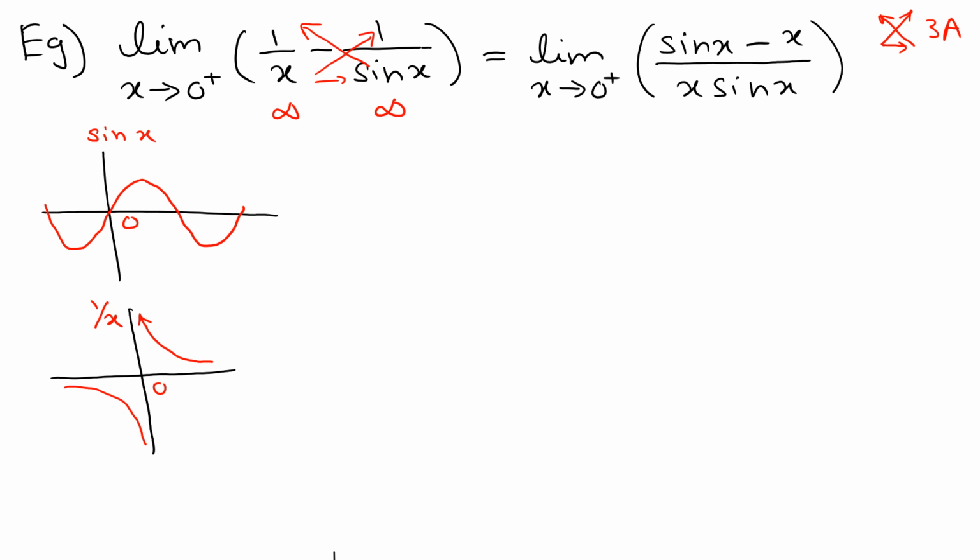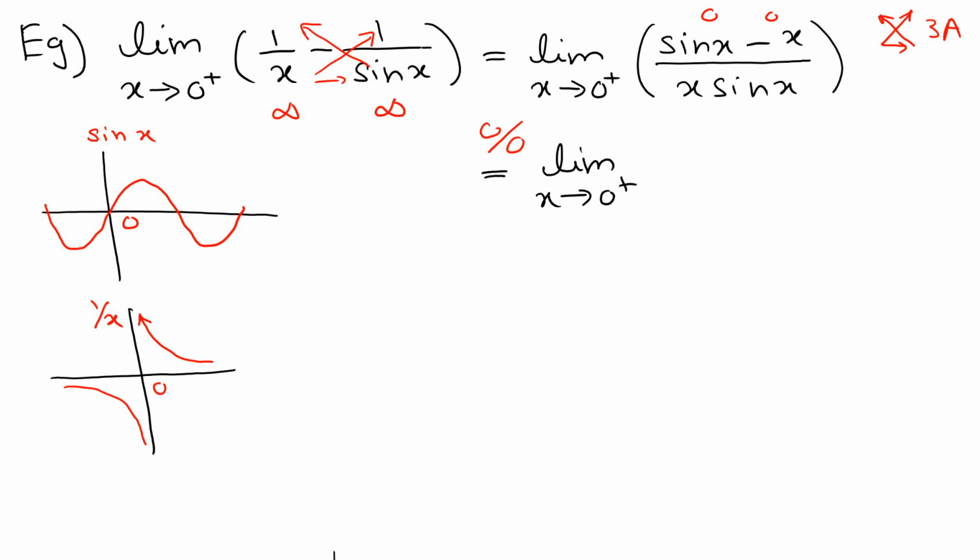Now once you do that, you can see the top is going to be 0 minus 0, so it's 0, divided by the bottom, which is 0. It's a 0 over 0 problem. Right after we do that, you're going to a 0 over 0 problem. That means we can use the Bernoulli rule here. So we can look at the derivatives of the top and the bottom separately.